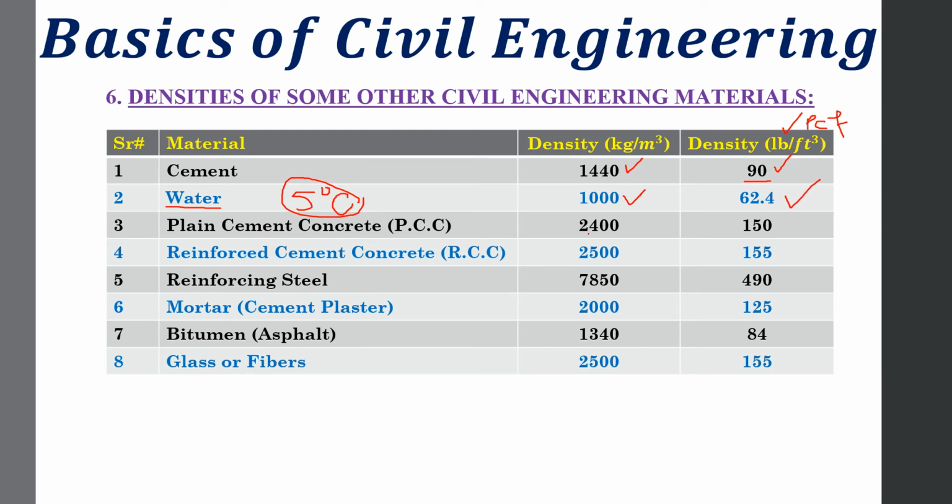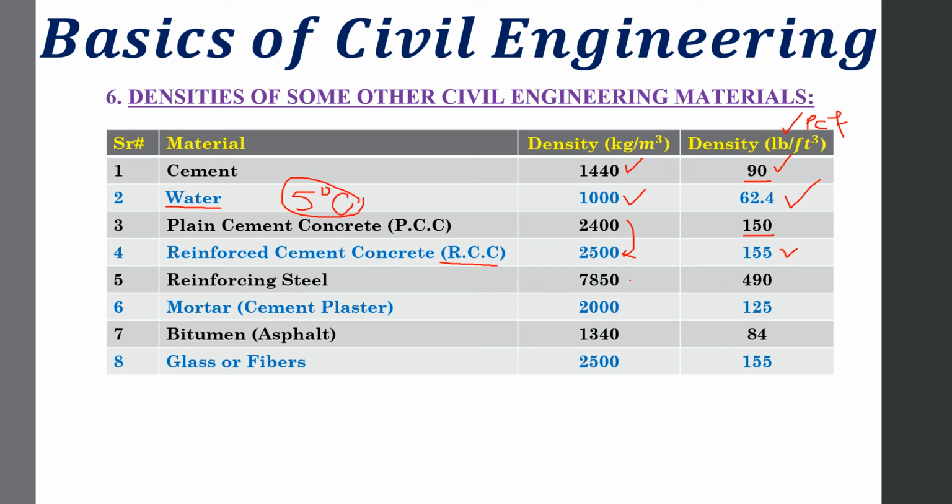For PCC it is 2400, and in PCF that is 150. And for RCC, the density is increased from 2400 to 2500 kg per meter cube, and in PCF it will be 155.